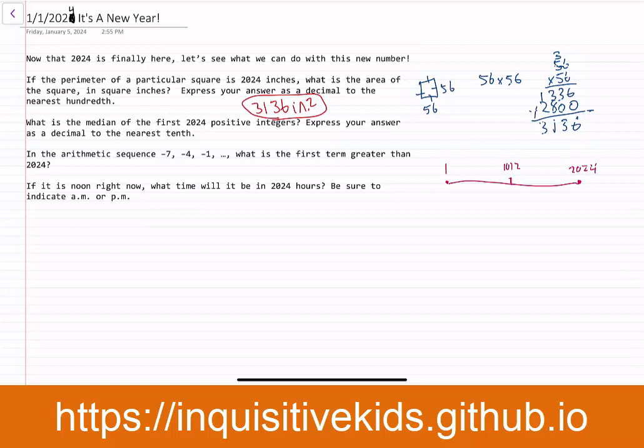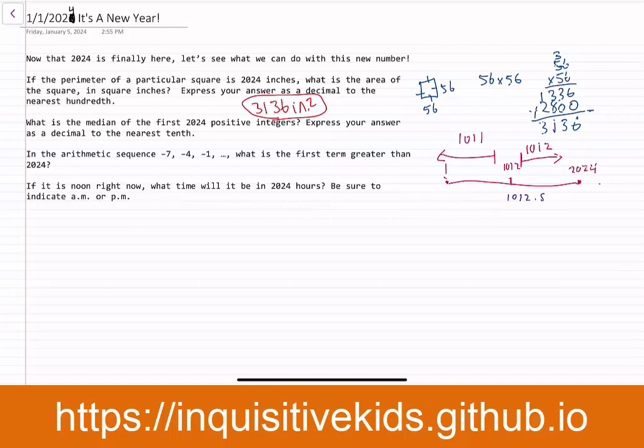In this case, all the numbers before 1012, not including 1012, is 1011 numbers. The numbers that come after 1012, and because we know that the median has to be right in the middle between 1 and 2024, we know that 1012 is not right because it's not the same distance to either side.